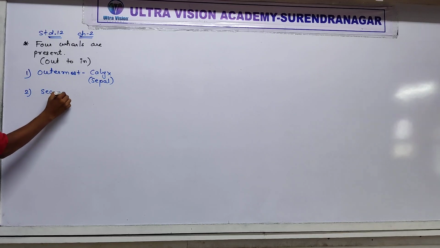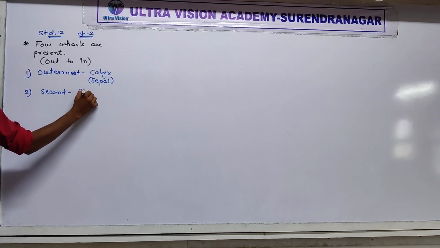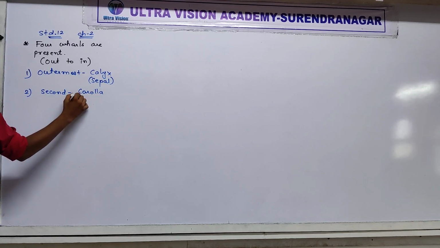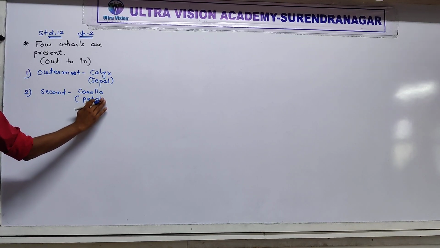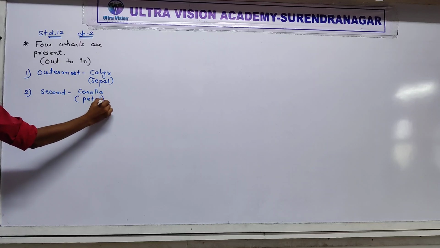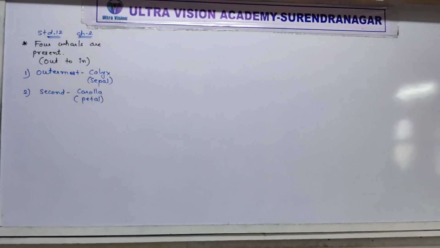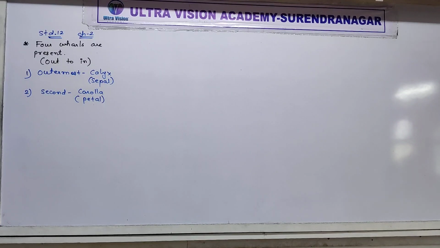Second, corolla, petal, and you know that in some flowers we can't distinguish between calyx and corolla. So that is known as perianth, and the unit of the perianth is known as tepal. Sepal, petal, tepal. Okay.